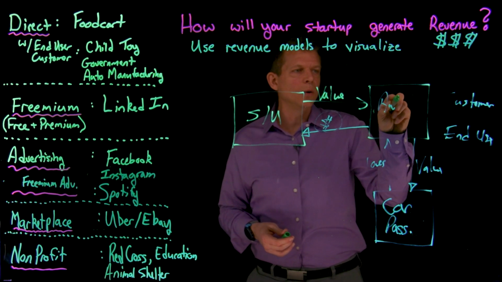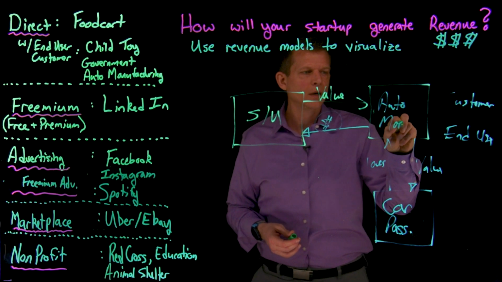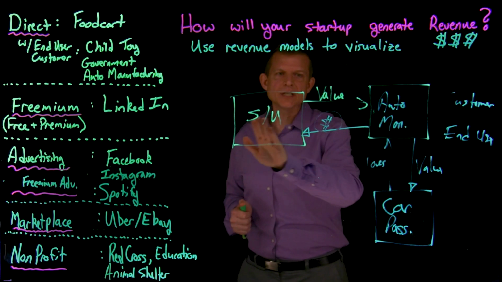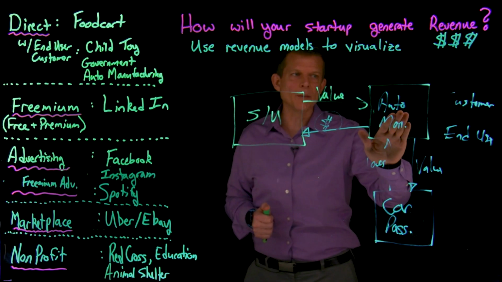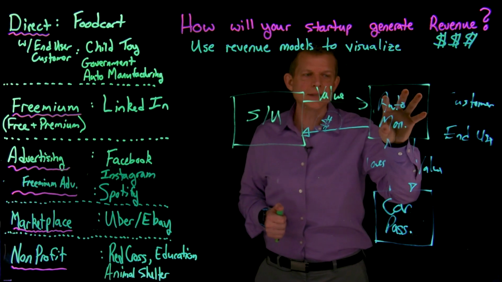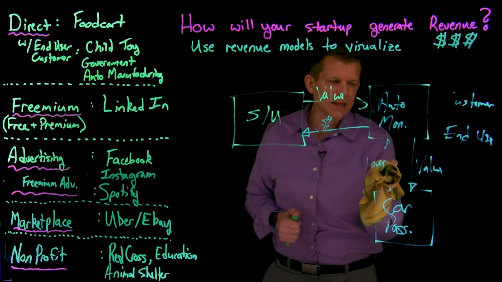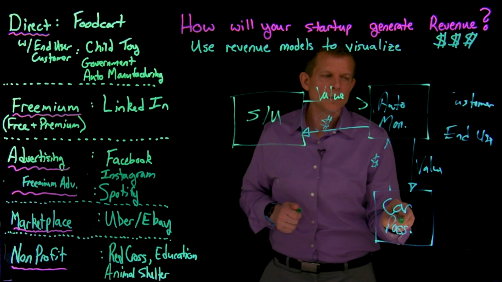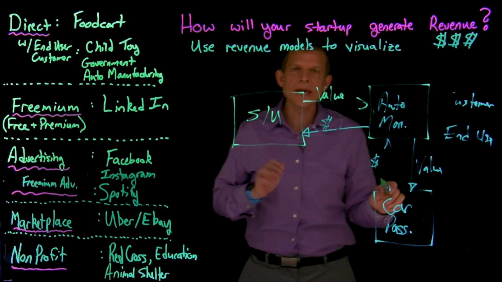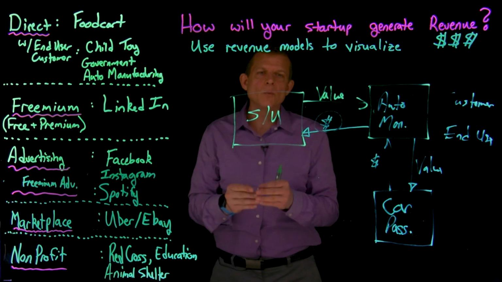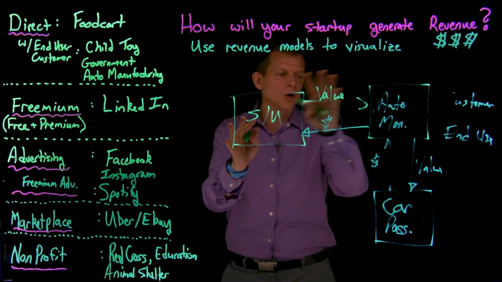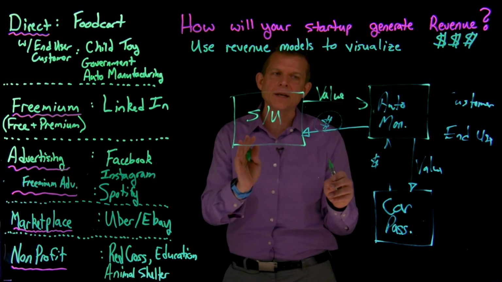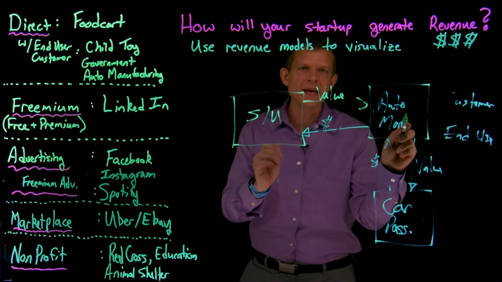The auto manufacturer, Ford, is actually purchasing the airbag from us in order to install it into their automobiles that they then sell to their customers. So again, we are a startup that has created a product that goes to an end user, but we need to be very certain and very clear as the entrepreneur who's paying.